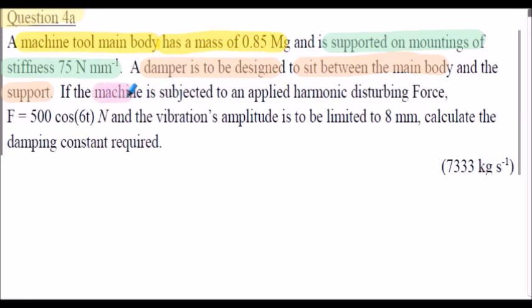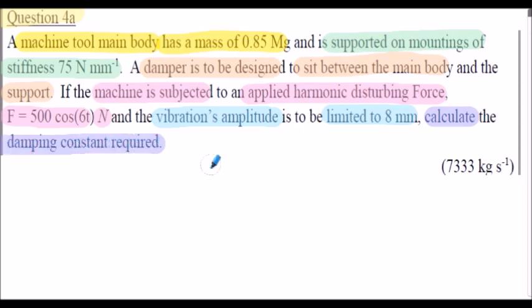If the machine is subjected to an applied harmonic disturbing force, F is equal to 500 cos 6t newtons, and the vibration's amplitude is limited to 8 millimeters, we have to calculate the damping constant required. That's usually symbol C in our nomenclature. The damping constant is 7,333 kilograms per second.